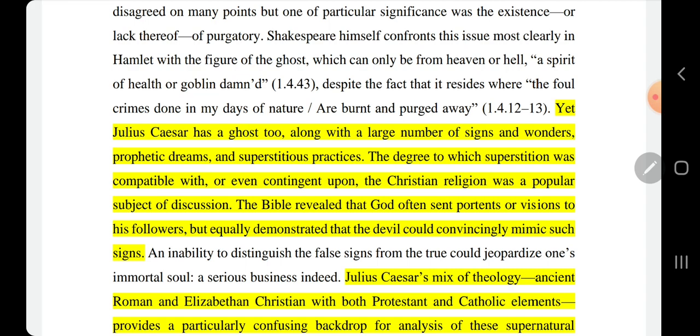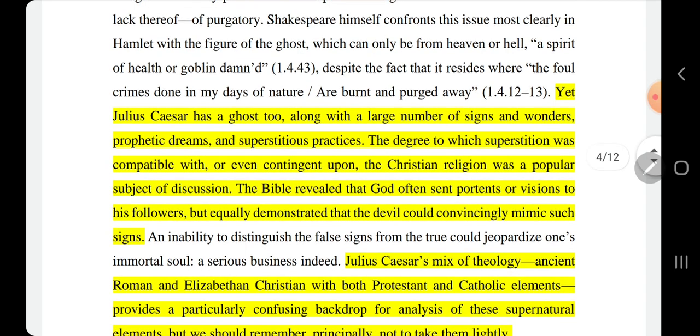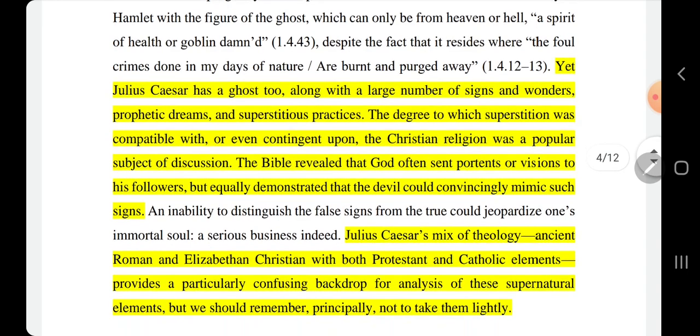So when we discuss our play Julius Caesar, we will come to the Christian religion and how it is connected to God, and what the superstitious practices in our play are, and what happens to Caesar when he goes to the Capitol, and we will discuss that later.